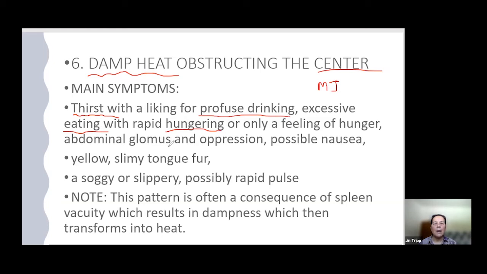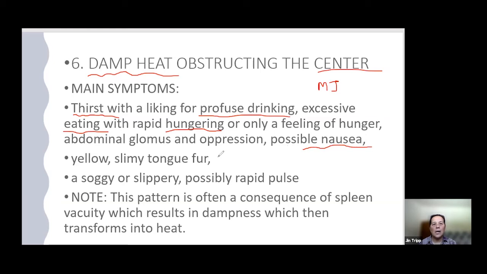Or maybe sometimes people feel hungry but may not eat too much. And also possibly we can hear some sounds in the abdominal area, and people may have nausea. So there is some blocking. They try to eat more, they try to drink more, but not too good.